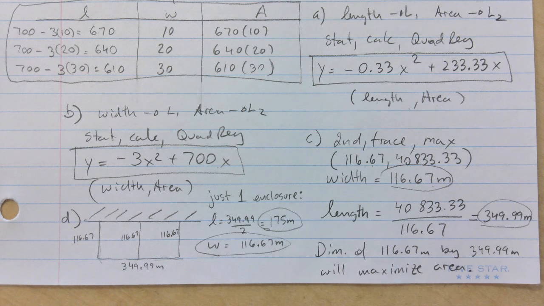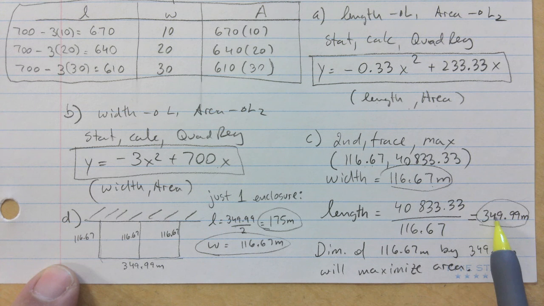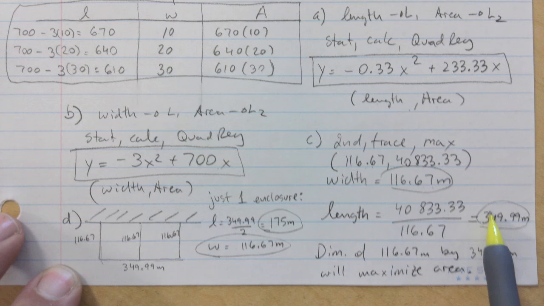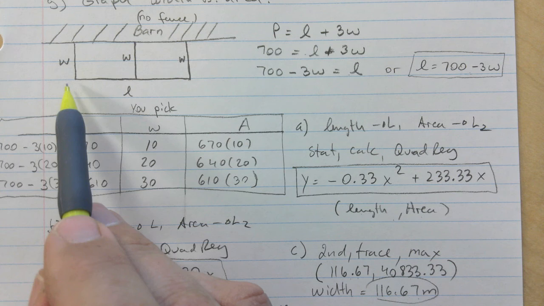Very rare, this question, I will tell you that, because I'm more focused on you being able to find the equation, the max, and the dimensions that will maximize the area, not so much the dimensions of the actual enclosure, but the homework will have some of that, so I want you to be able to answer it. Because the length that you find here, remember our original diagram calls this whole thing length, right?